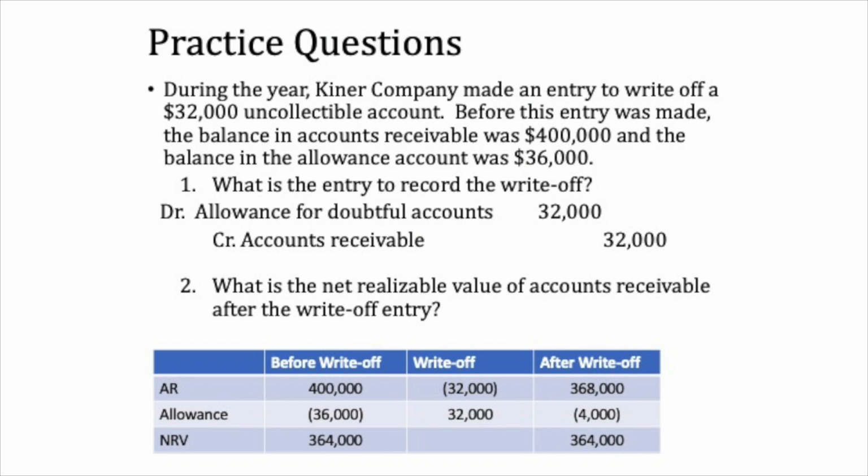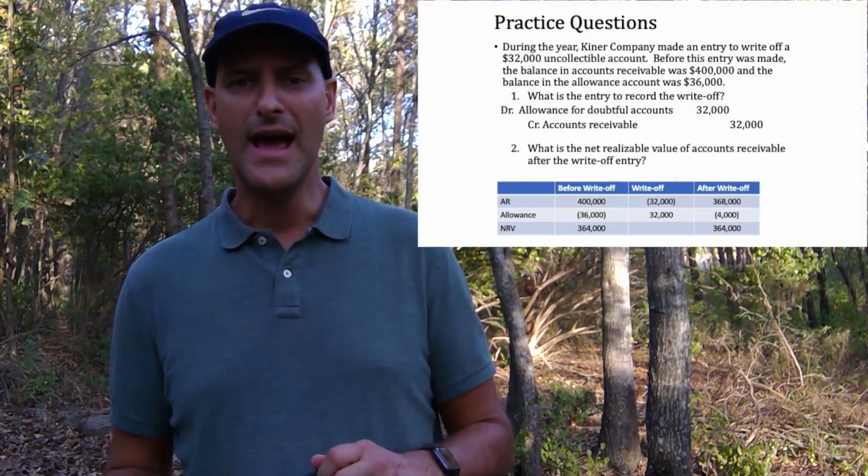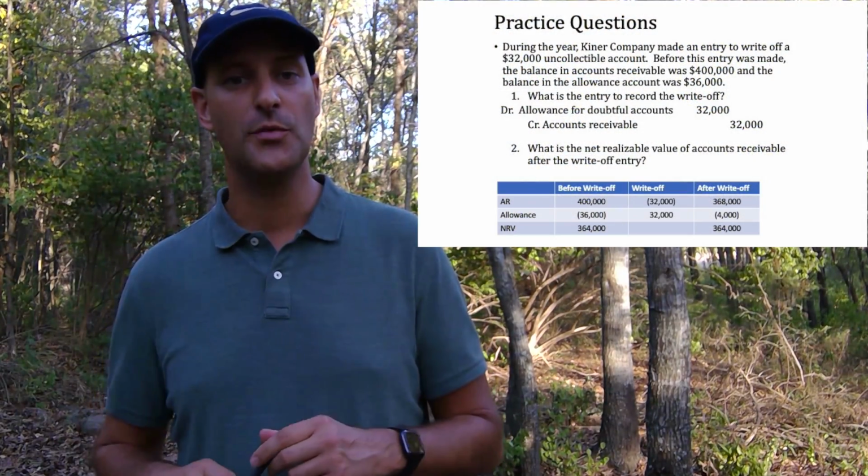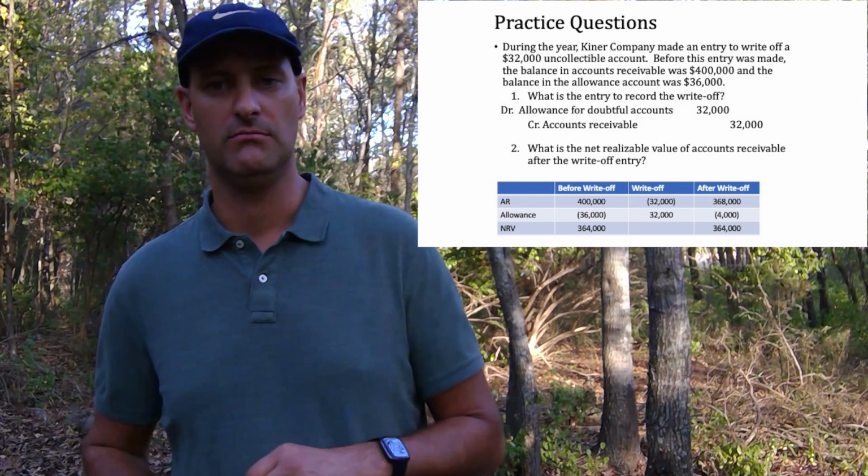So what is the entry to record the write-off? Well, the write-off is a debit to the allowance account. So we want to reduce the allowance account by $32,000 and a credit to the specific accounts receivable that's not paying, for $32,000. Now, what's the net realizable value of accounts receivable after the write-off entry?